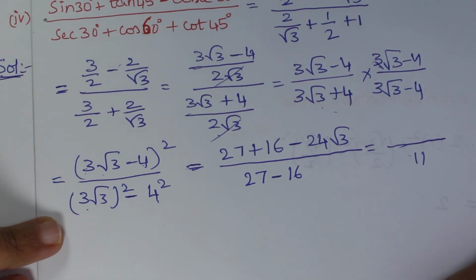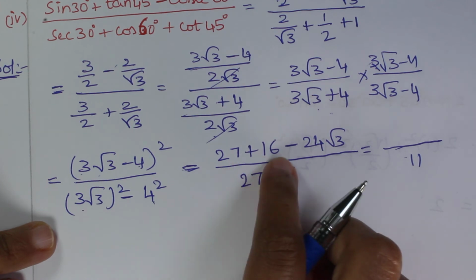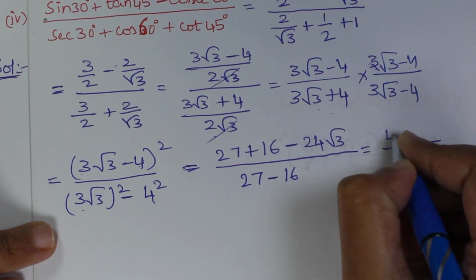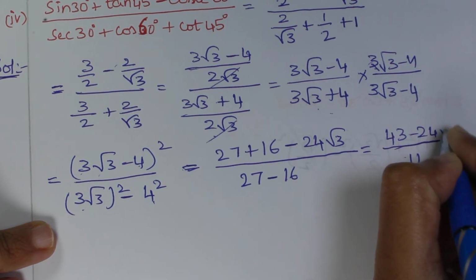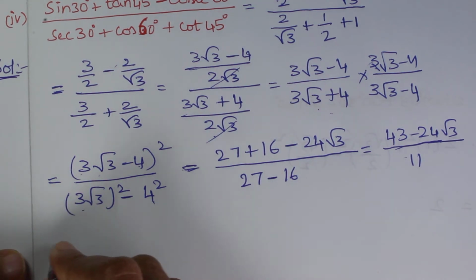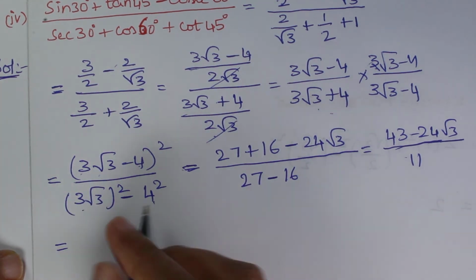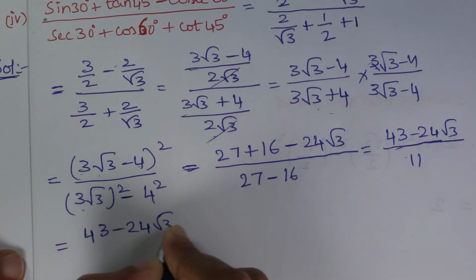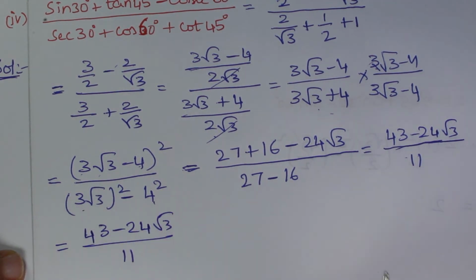Divided by 27 plus 16 is 43 minus 24 root 3. So the answer is 43 minus 24 root 3 divided by 11.